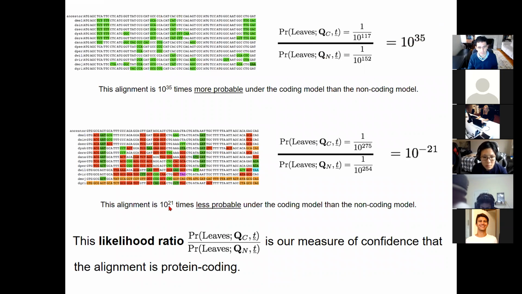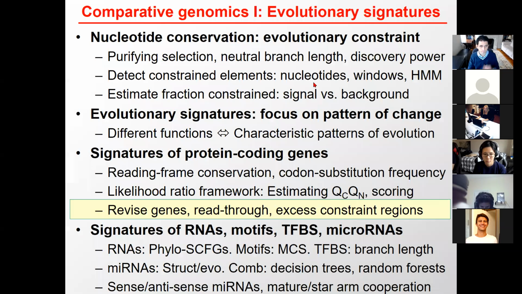So that is an enormous signal for such a short region. And then that's our measure of confidence that the alignment is indeed protein coding. Okay. So we can now use this to revise genes, look at sequence read-through, but also look at excess constraint regions.